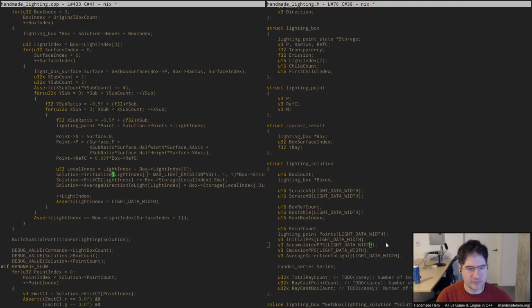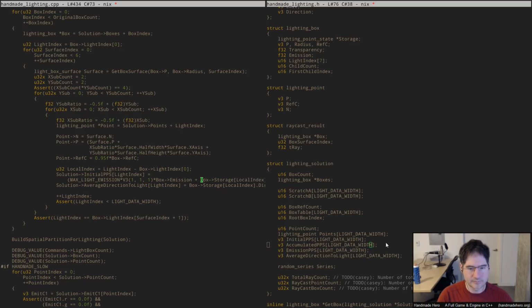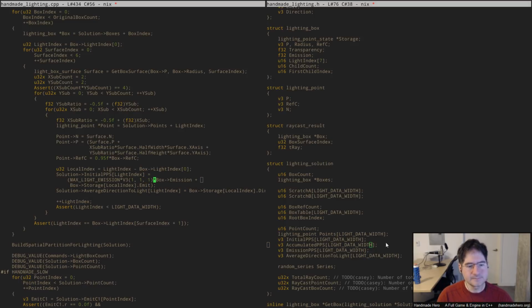So we have the initial photons per second, and we want the initial photons per second to be the old value plus any emission that was going to come through. Right? And again, we don't have a specific unit for this, so we're just going to use whatever the old units were, and that's fine. We're going to set the initial photons per second this way.